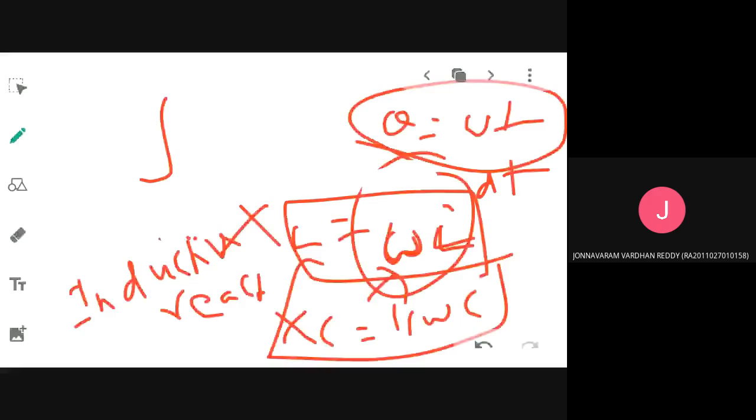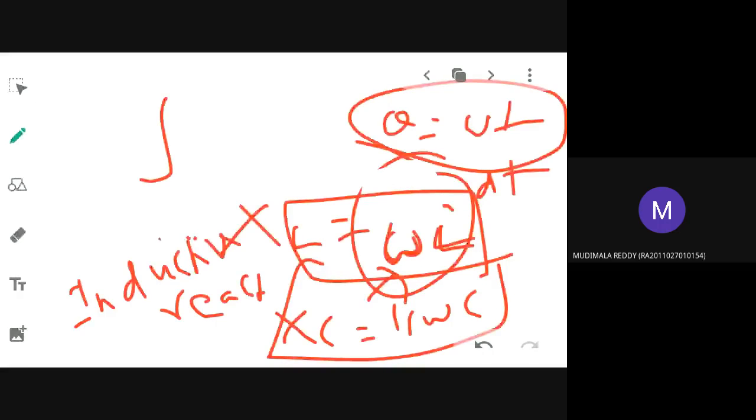Still there is one capacitive circuit to be dealt with. We will continue in the next class because there is no time. It's already 10:42. I will check sin theta plus pi by 2 and the trigonometry formula. In today's class we discussed the pure resistive circuit.